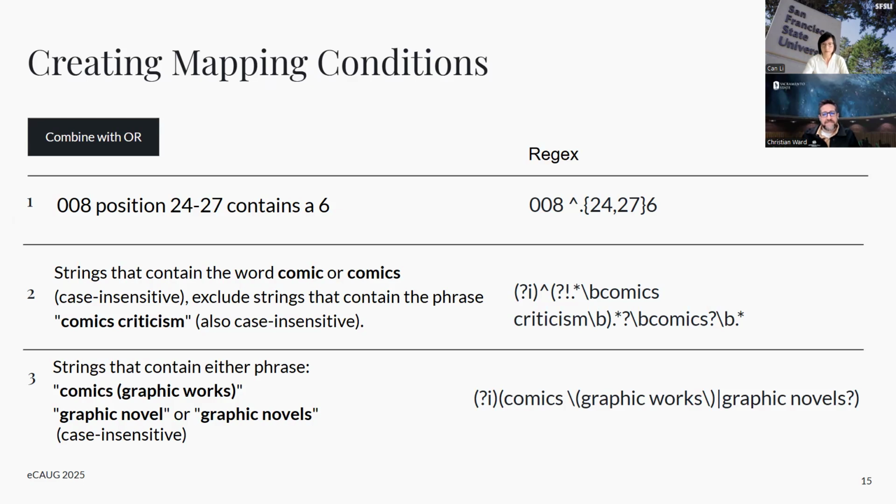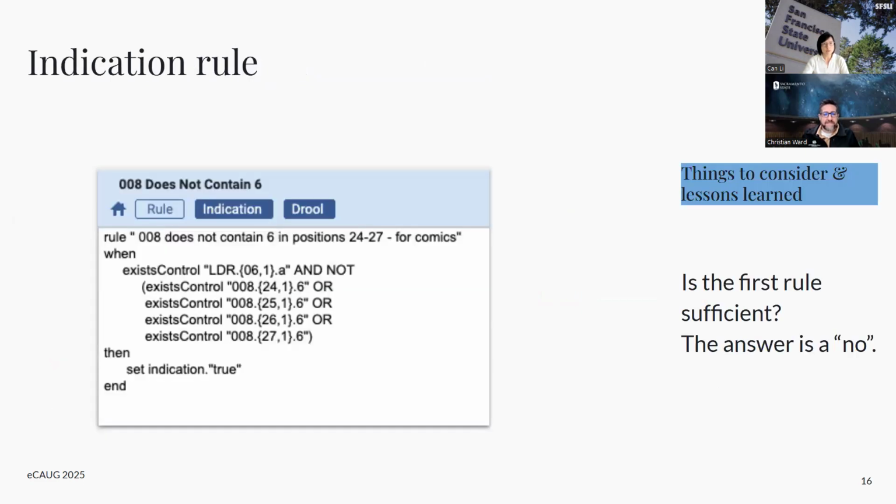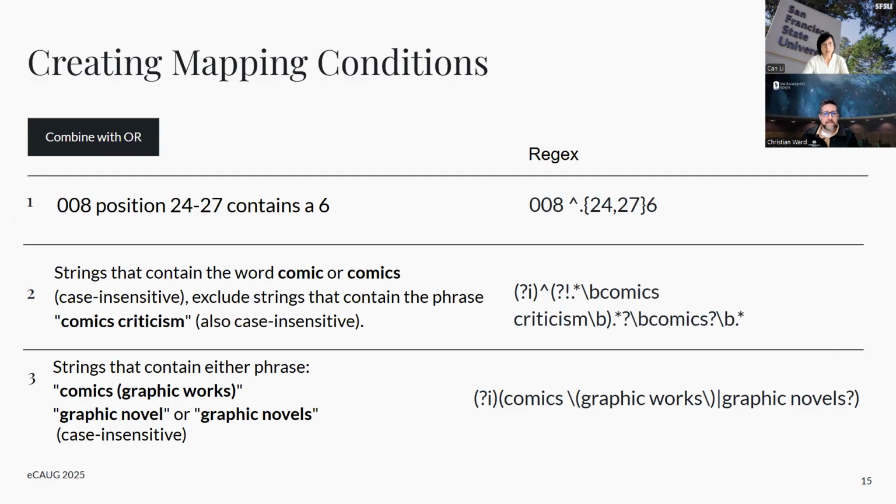However, out of curiosity, we ran a dual indication rule on the first set, comics, to find those titles that do not contain a 6. Sure enough, we found 47 records that do not have the 6 in the 008, which is telling us that just using the first rule, we will miss some titles.